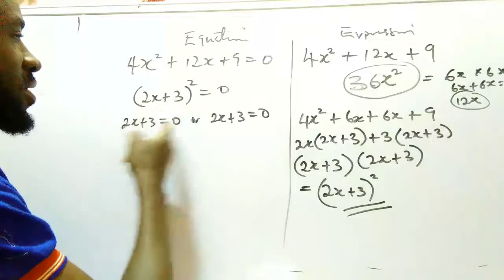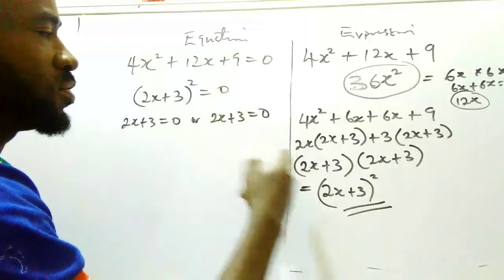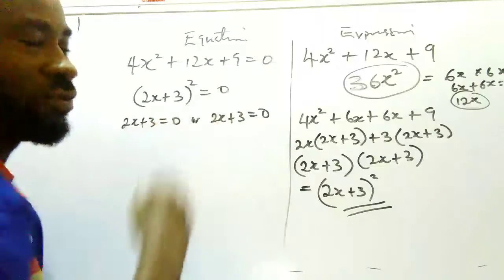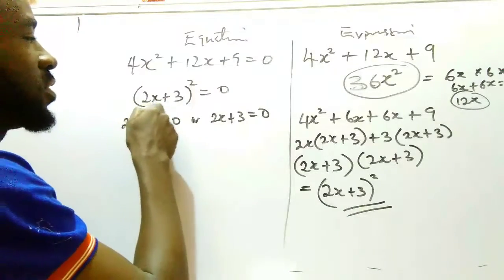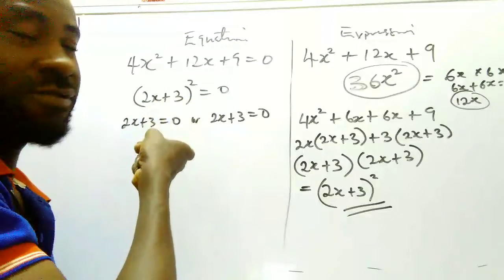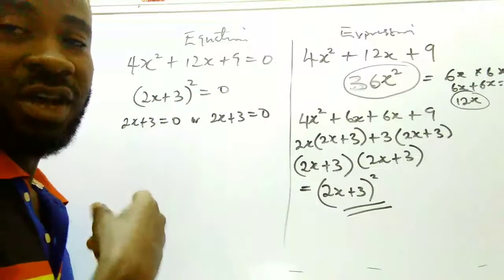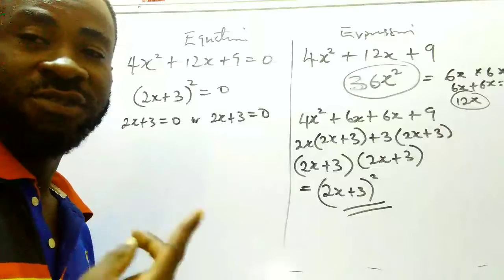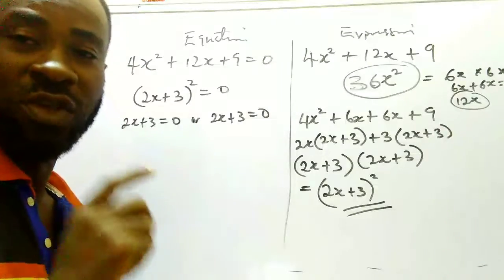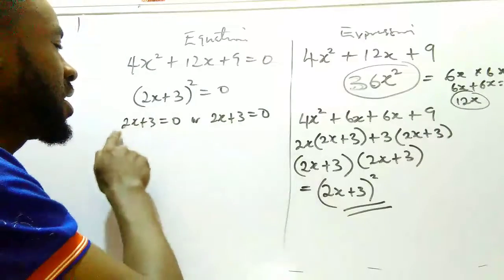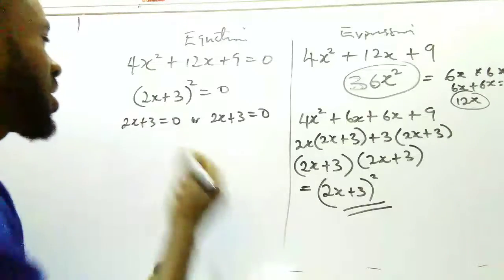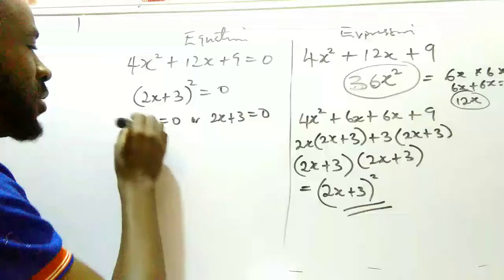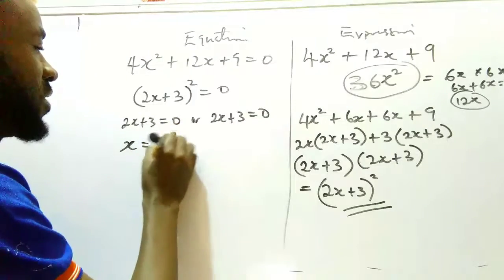So if I separate this, all I'm going to do is to equate each of them to 0, because this is telling us that 2x plus 3 is multiplying itself to give us 0. And if two numbers multiply to give 0, it implies that one of them will be 0. So that's why we are saying either this is 0 or this is 0. From here, if we make x the subject of the formula, x is going to be minus 3 over 2.